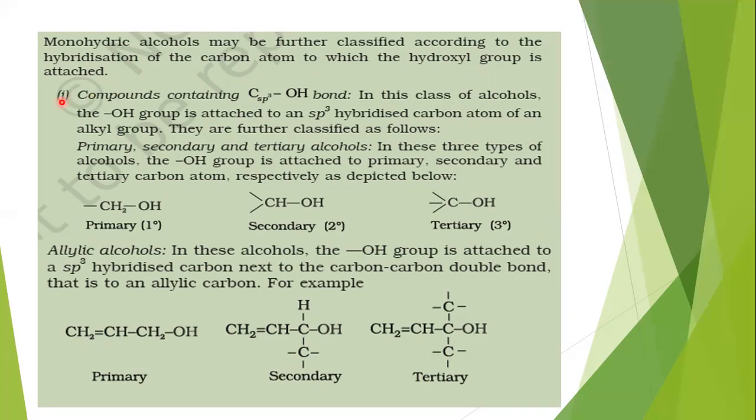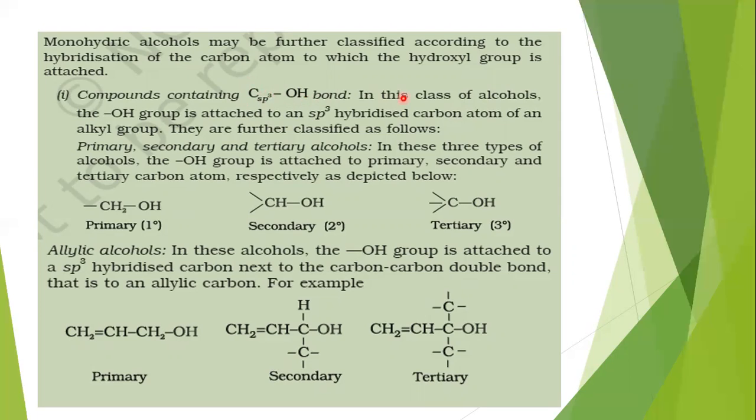Now first, compounds containing a C sp3-OH bond. Okay, the C-OH bond, carbon attached to OH. The hybridization of this carbon is sp3, meaning the hydroxyl group is bonded to an sp3 hybridized carbon.